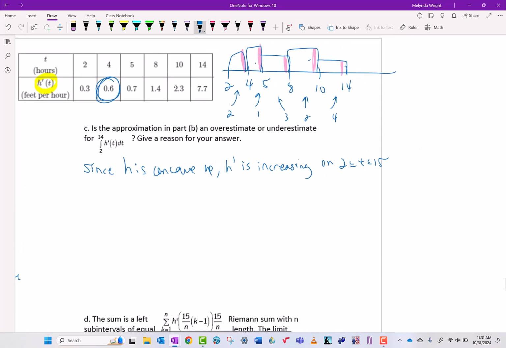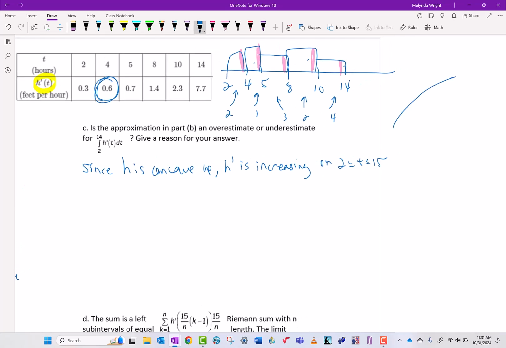Okay, so let's think about that for a second. If we have an increasing function and we're doing right Riemann sums, remember, the right part is the y value, then we would have an overestimate.